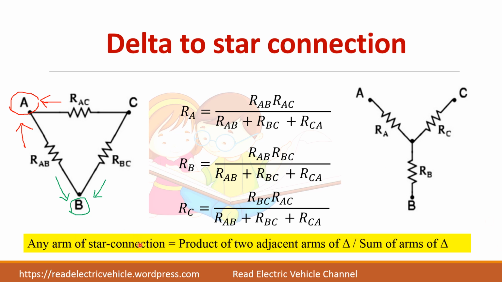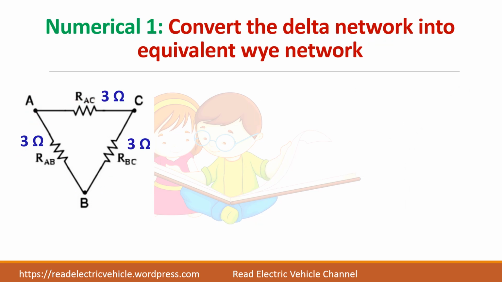So any arm of star connection is equal to product of two adjacent terms divided by sum of the arms of delta. So we have learned both the formulas. You remember like that, you will not forget easily. Let us do some problems and learn the star delta conversion.